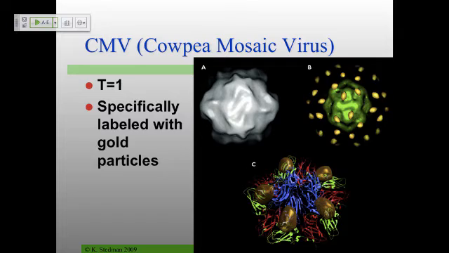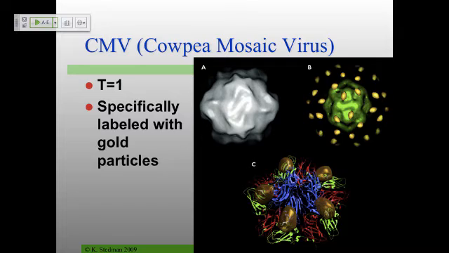If you look at the cryo-electron micrograph here in A, each of these guys is your 5-fold axis of symmetry, a nice 5-pointed star. You can also see that quite nicely if you label this with gold particles, which are these big yellowish blobs here. You can also see the nice 5-fold axis of symmetry here, and there. The inside is actually the RNA, which is being packaged on the inside of this particular virion.